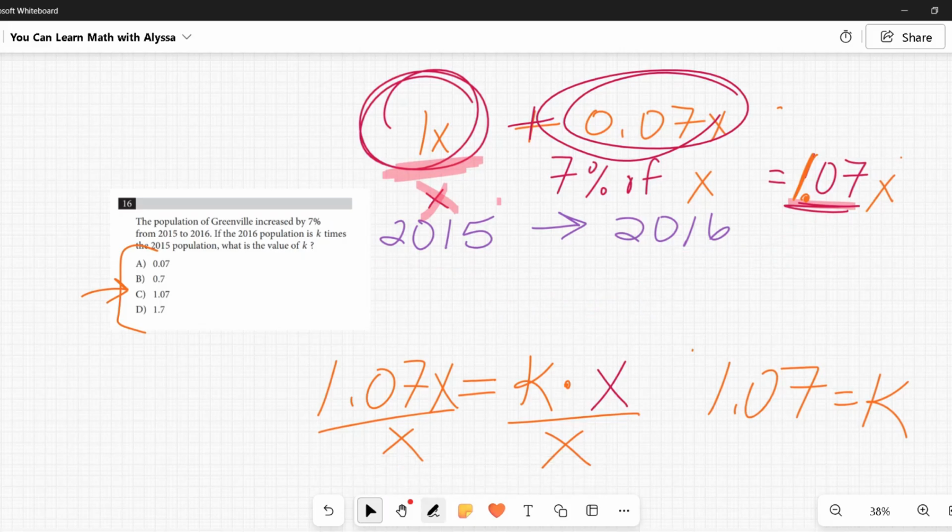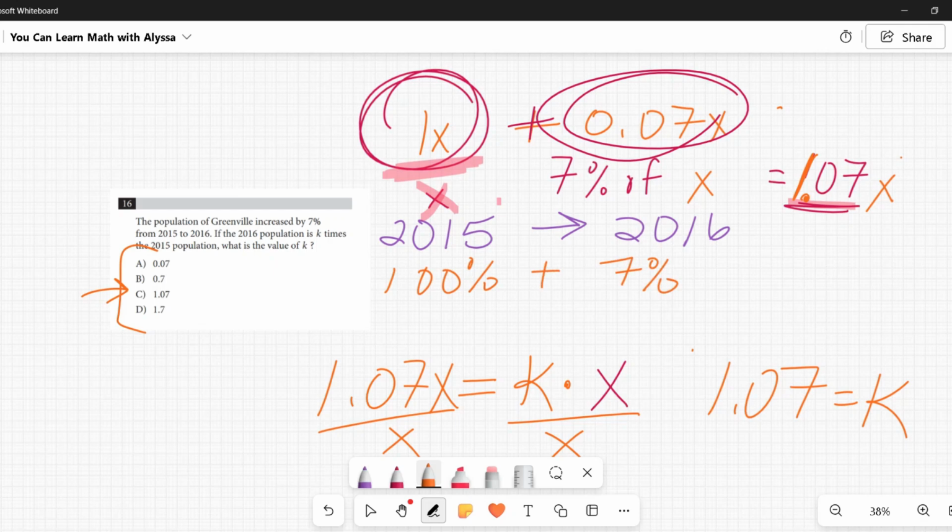If it's 100% of that 2015 population plus 7% more to get to the 2016 population, it's 107% of the original population, or 1.07 times that original population. However you want to look at this, however you get to the right answer, use what makes the most sense. The answer is C, 1.07.